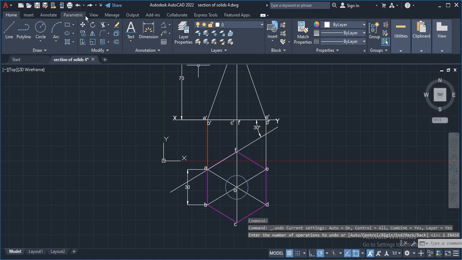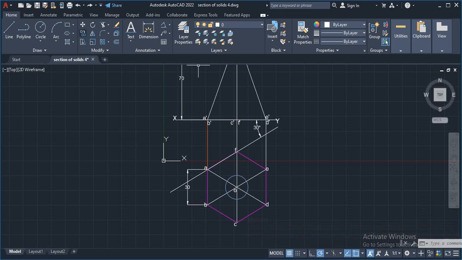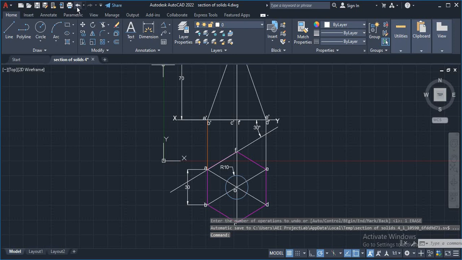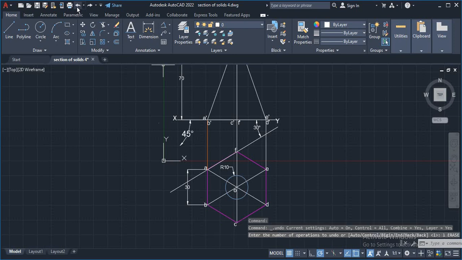Now draw the 10 mm circle. The simplest way to mark the cutting plane is to draw a circle of 10 mm radius, and draw the cutting plane. Take 45 degree and draw a line. Then move it using set square and scale towards the circle tangent.